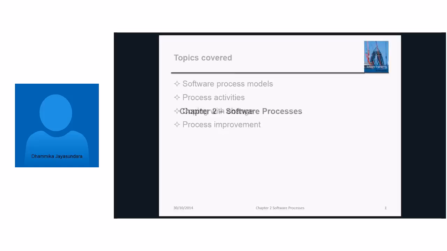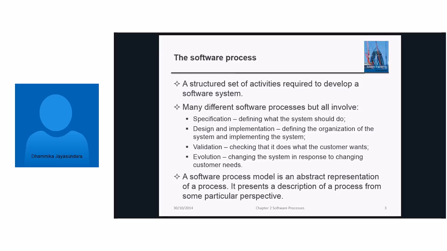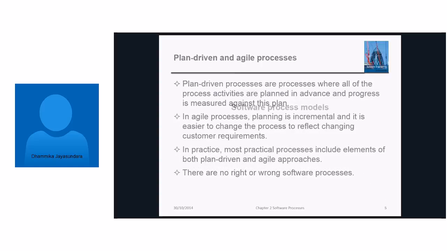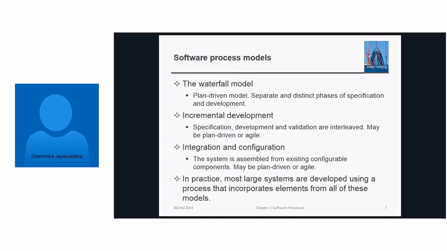Software process. We had software process models, process activities. A structured set of activities required to develop a software system, where we get types of waterfall method, incremental development, integration and configuration.